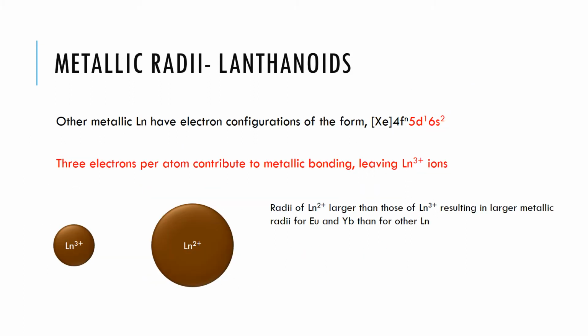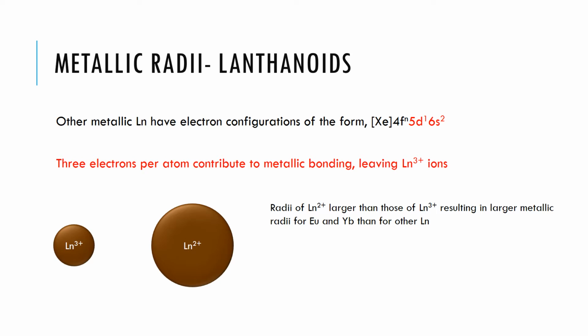Now, if you look at the electron configurations of all of the other metallic lanthanoids, you'll see that they have 5d orbitals, and they have largely 1 electron in their 5d orbitals.